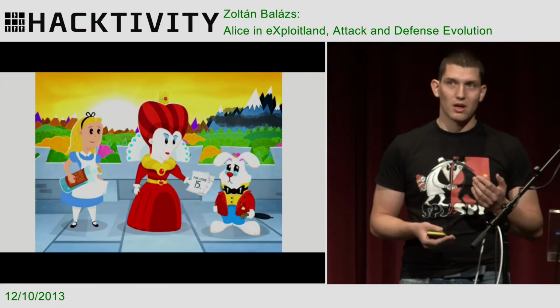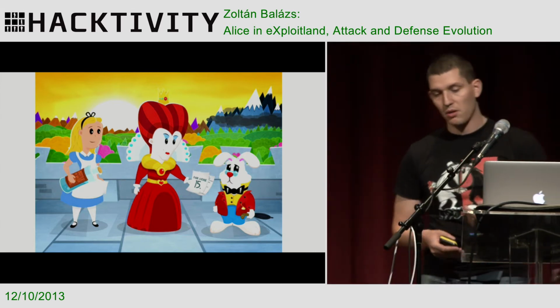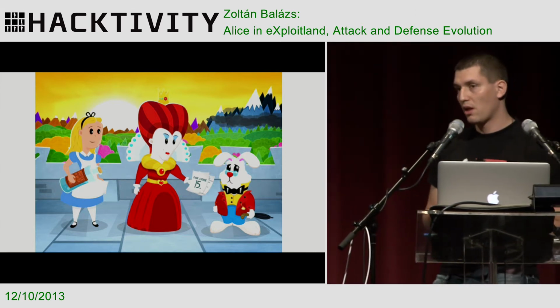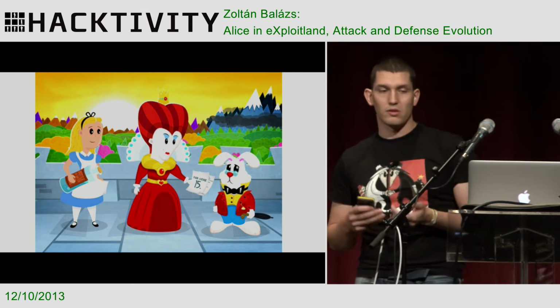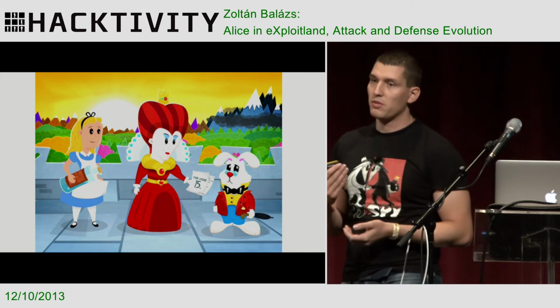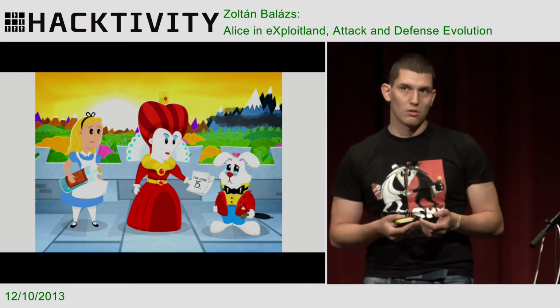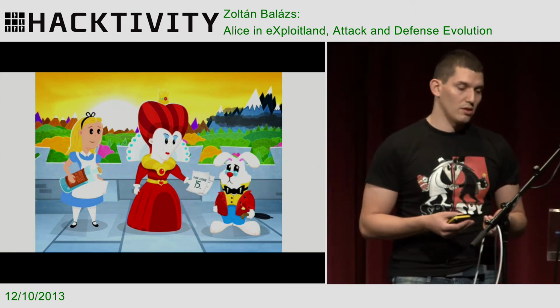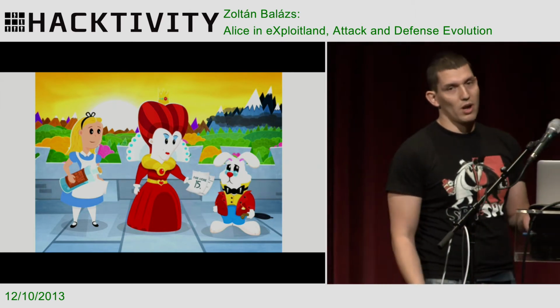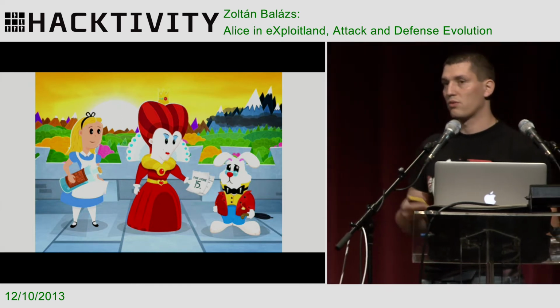These are sometimes too abstract, so I was thinking that maybe I can create some analogy for how this works. Sometimes, when I'm looking at assembly code or doing exploits, I feel like Alice in Wonderland, because there are some rules which you have to follow.